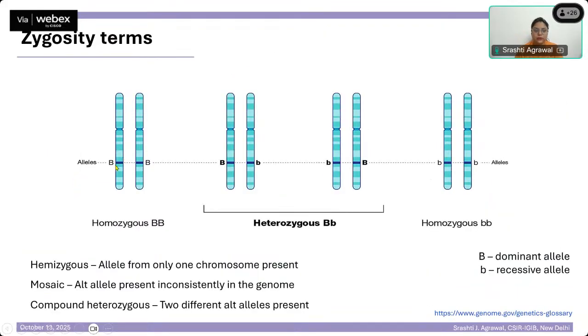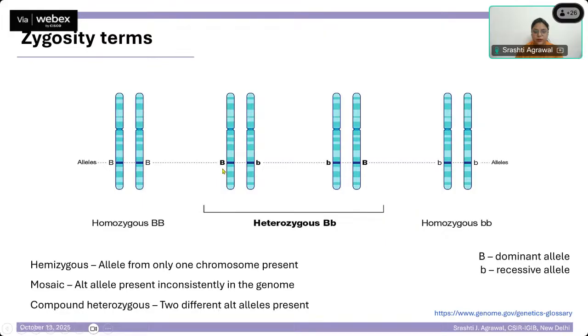So depending upon the alleles that are present on a specific locus, we can term this genotype as either homozygous or heterozygous. For example, here consider the allele B at this locus. If both the strands have this capital B, then we have homozygous BB, capital B being the dominant allele and small b being the recessive allele.